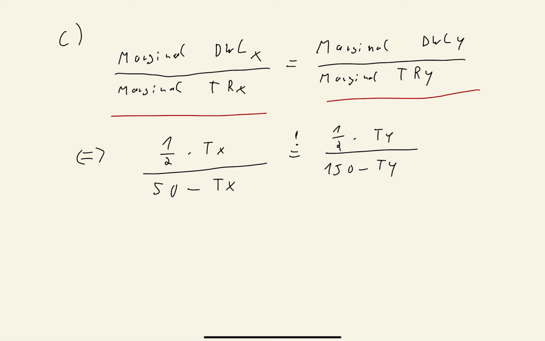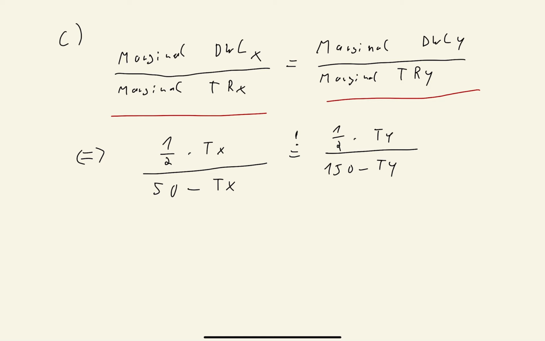Any other taxes or tax level that you're setting, which is not covered by this condition, would lead to more distortions, so to less welfare for reaching the same tax revenue.